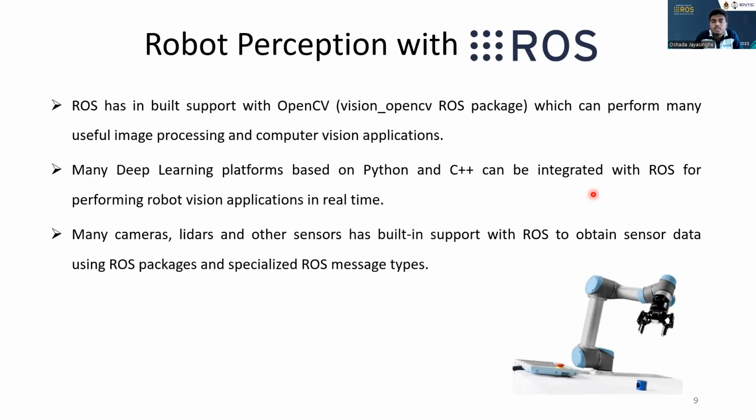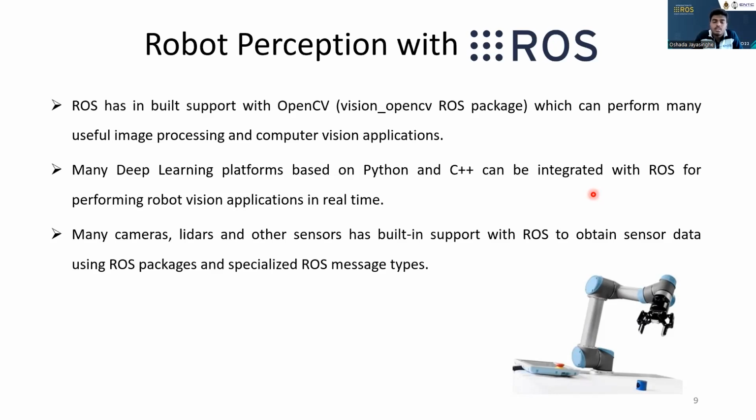But what's interesting is, since those are written in Python and C++, and ROS supports Python and C++, we can integrate those into ROS. The earlier final year project video that I showed is exactly what we have done. We developed the deep learning based detection framework separately, but we used ROS to integrate them, which is more useful in a connected setting.